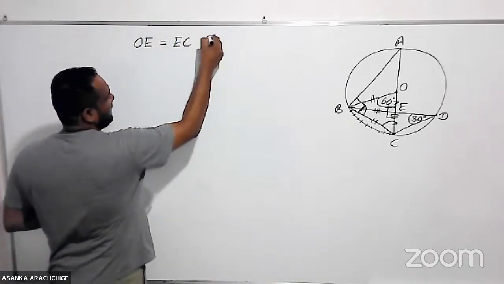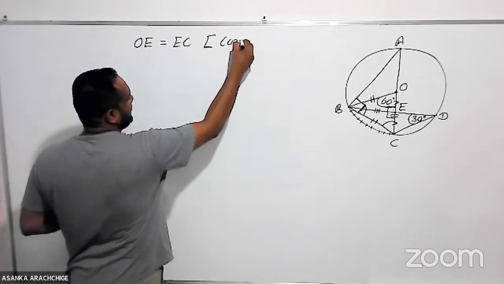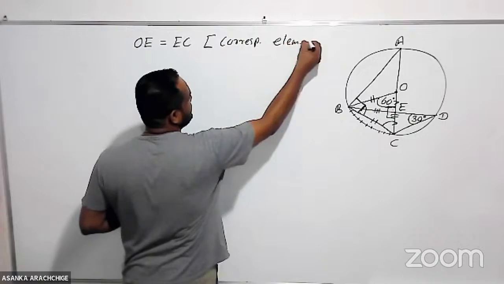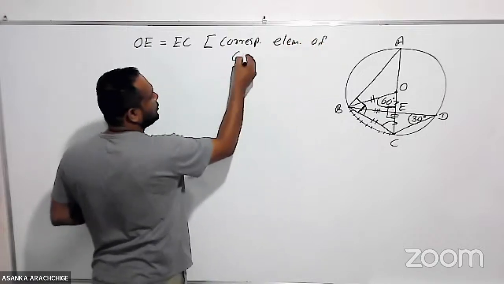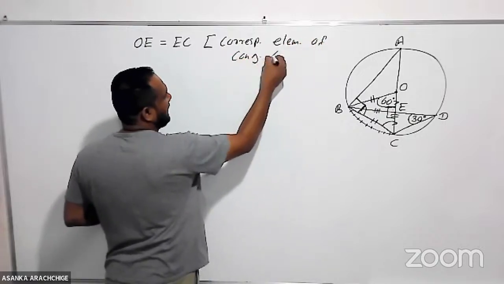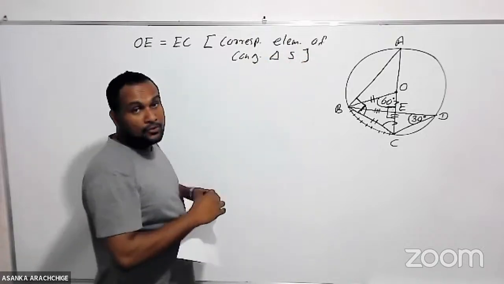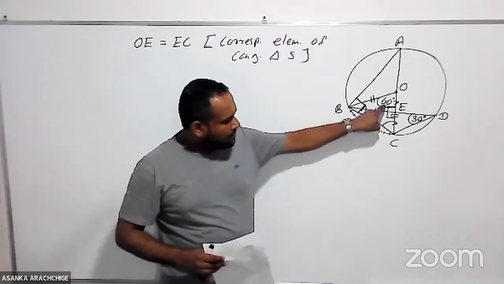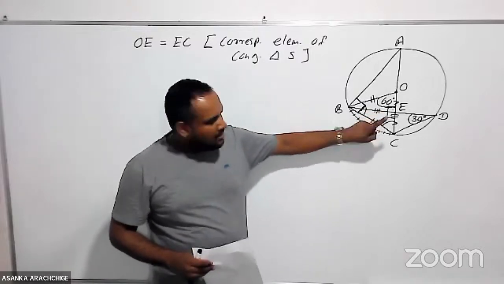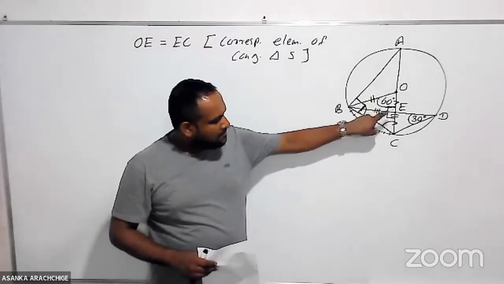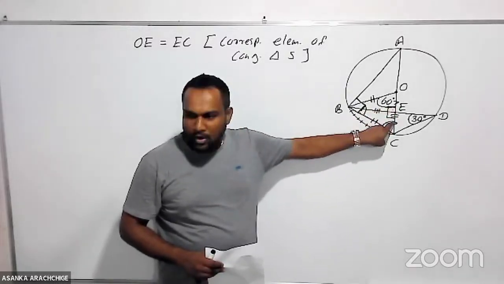The reason: corresponding elements of congruent triangles, because already we have proven that these two triangles are congruent, then this side is equal to this side, then this side is corresponding to this side.